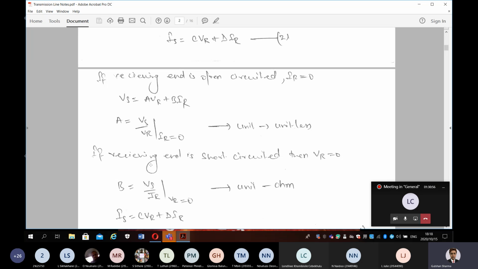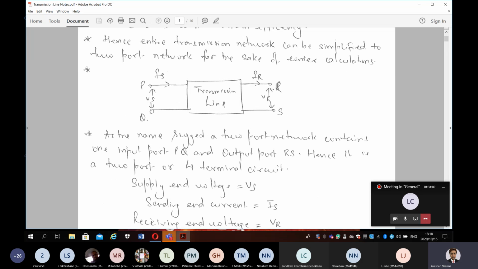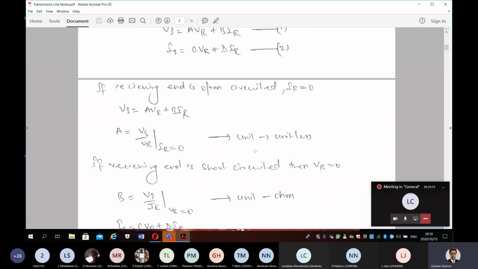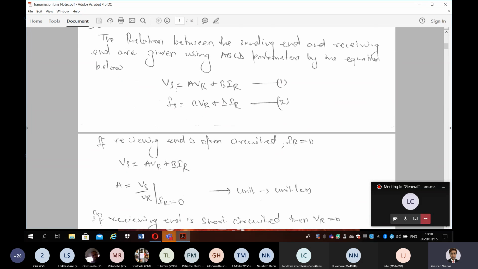Another concern is, if the receiving end is short circuited, these two terminals become shorted, then what will happen? In that case your VR will be 0. So coming to this equation, if VR is 0, then the A term will be 0.